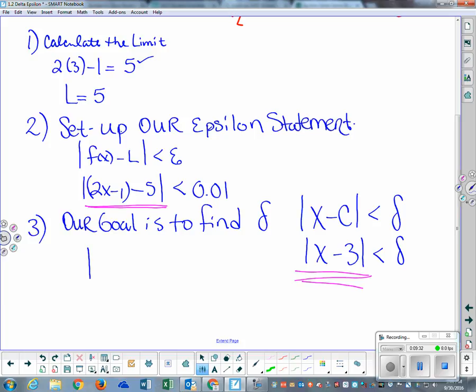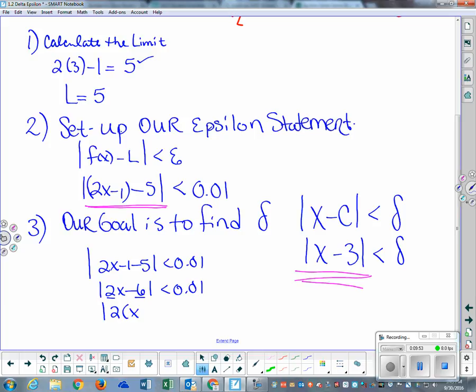So here we're on step 3 for solving this. 2x minus 1 minus 5 less than 0.01 is like saying 2x minus 6, isn't it? Just simplifying negative 1 with negative 5. Notice how they have a 2 in common, so let's factor out a 2.